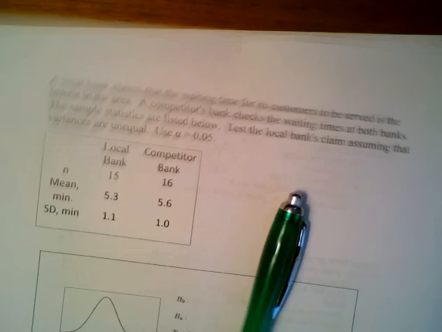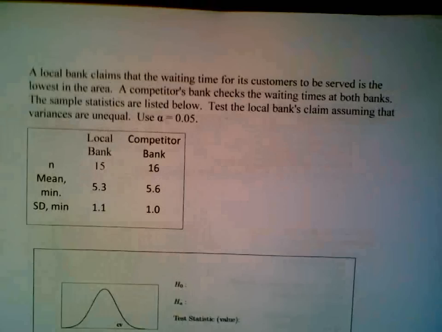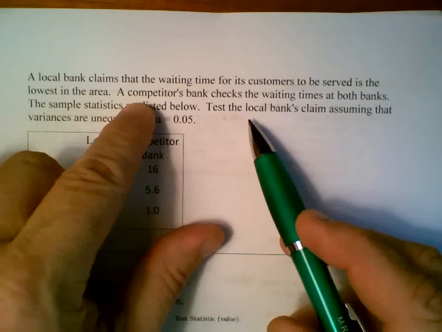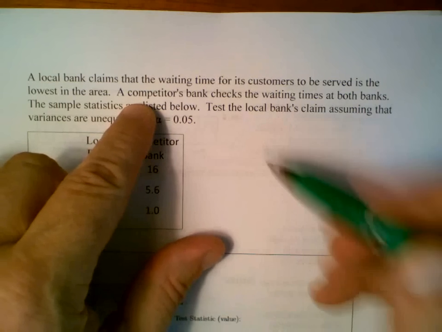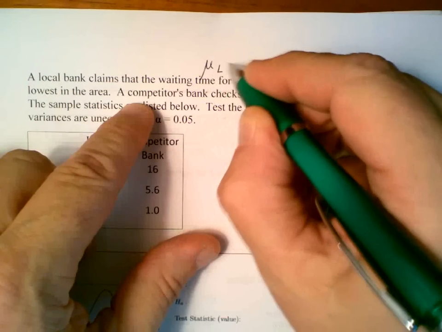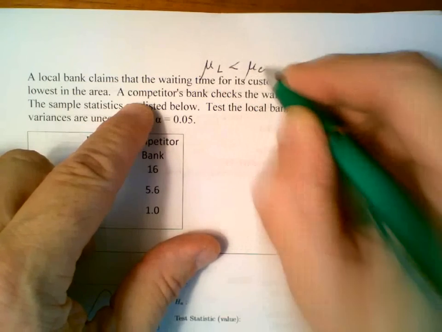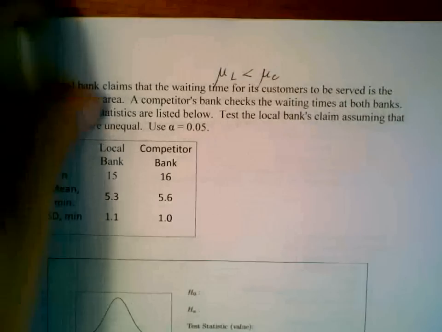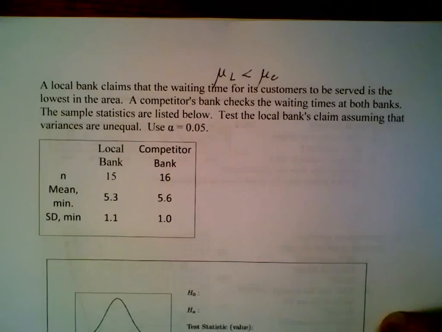Okay, the claim is that the waiting time for the local bank is less than everybody else, including the competitors. So we write mu local less than mu competitor. I always like to use notation that points to what part of the problem you're working on.